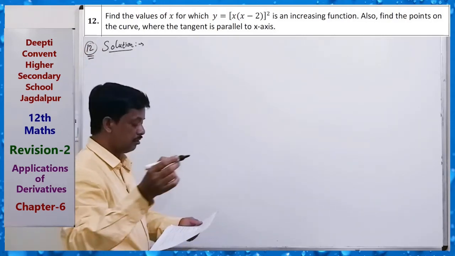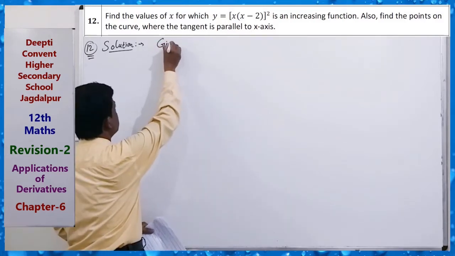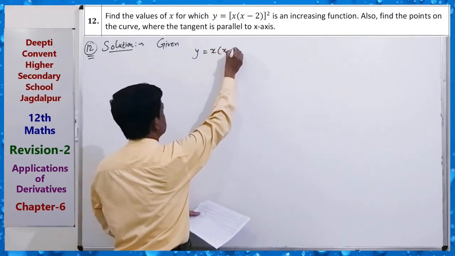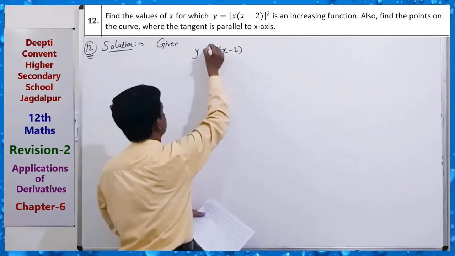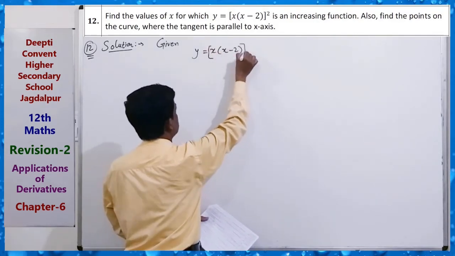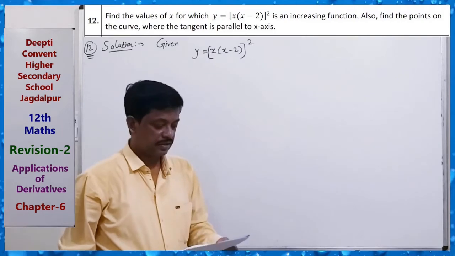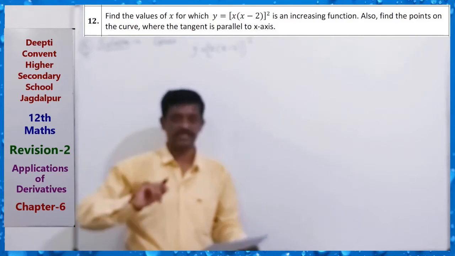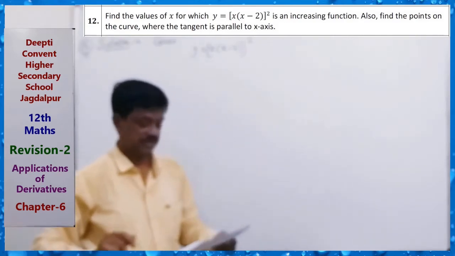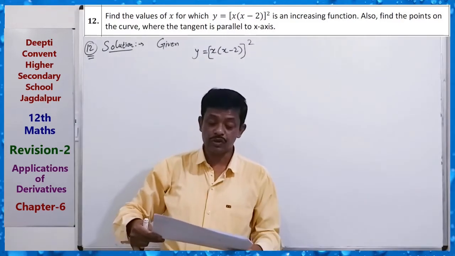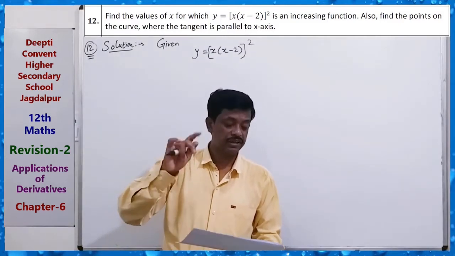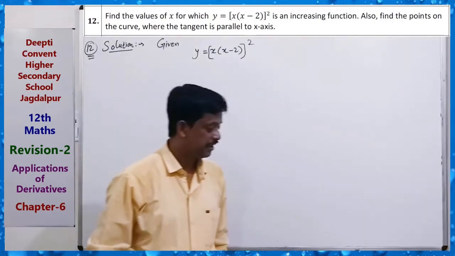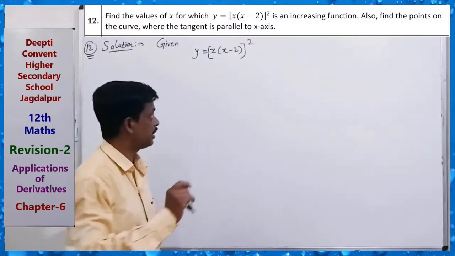So here, what is given? y equals x minus 2 whole square. y equals x minus 2 squared is an increasing function, and we have to find the value of x if it is increasing, and also find the points on the curve where the tangent is parallel to the x-axis. An increasing function has derivative greater than or equal to 0.